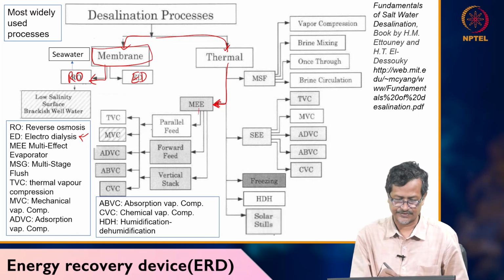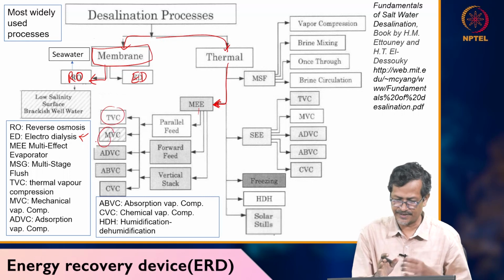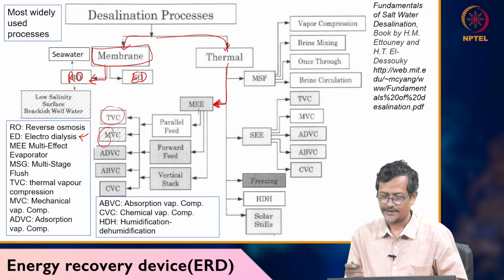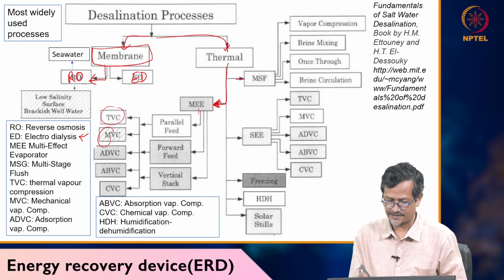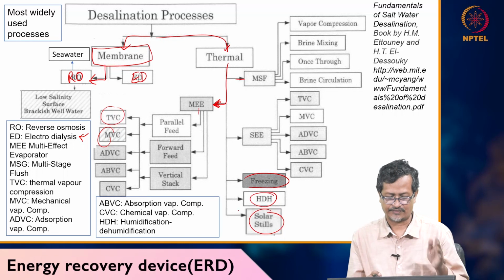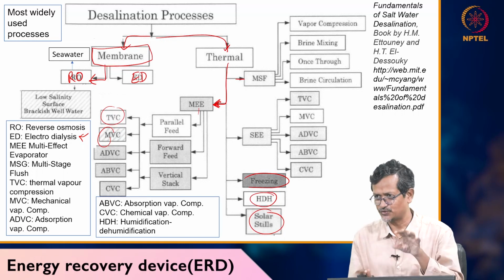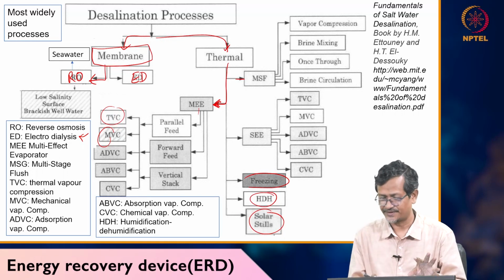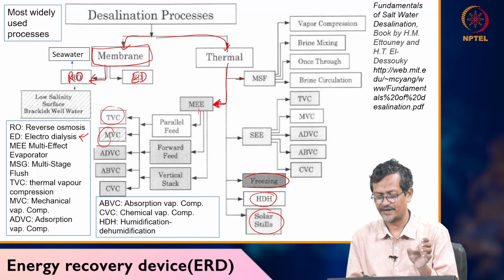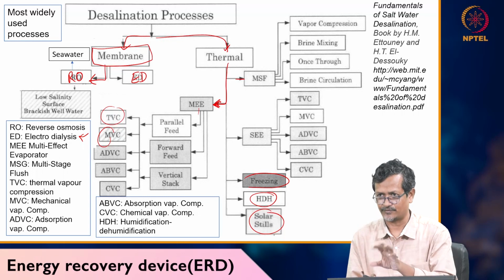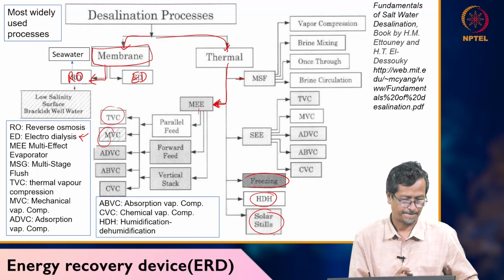So many types are there, again TBC, MBC. Here MSF, SE, freezing, solar still is there, HDH is there. For your course we are not discussing everything, but you should know that there are many other types. We should discuss only membrane and only the evaporative type, the mechanical type. Two types I will discuss.